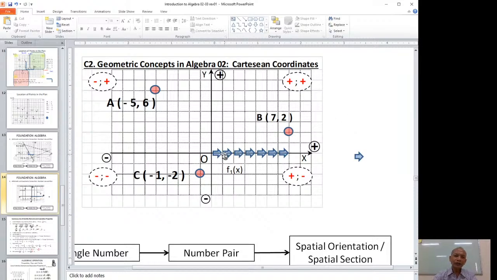So 1, 2, 3, 4, 5 to the right, plus 1, plus 2, plus 2, plus 3, plus 4, plus 5, plus 7. So our x equals 7.